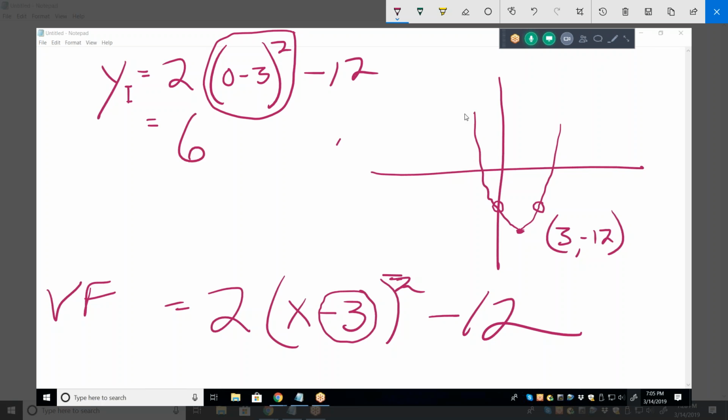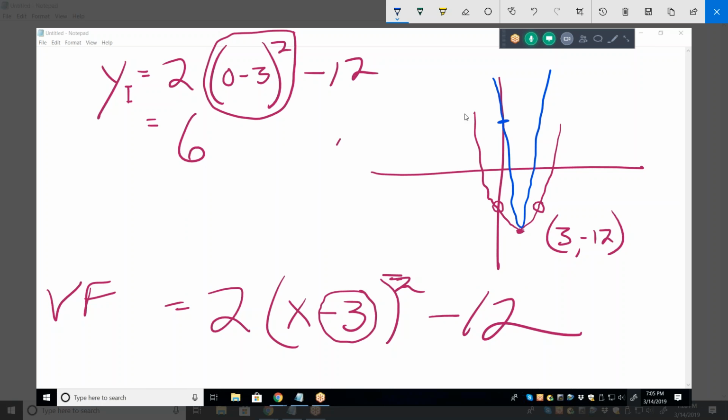6. Okay. So, notice that the way I drew it is not correct, but it doesn't matter. We solved for the y-intercept. So, just so that you understand, let me redraw it. I know the y-intercept's right there now, so it's got to look something like this. It's just a very skinny parabola.